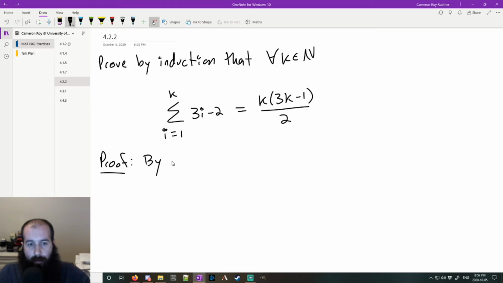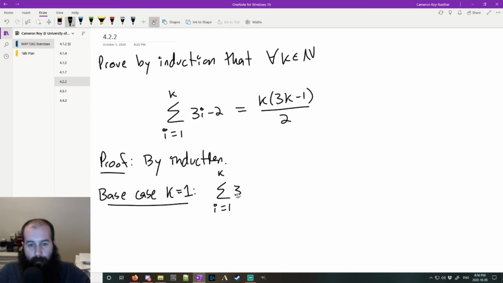Since it's by induction, we need a base case. And that base case is going to be k equals 1, since we're inducting over the natural numbers. And in this base case, this sum is equal to, because k is 1, just the sum from i equals 1 to 1, which means that there's only one term, which is 3 times 1 minus 2, which is 1.